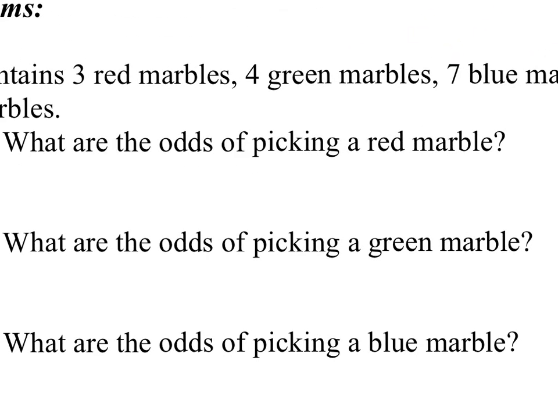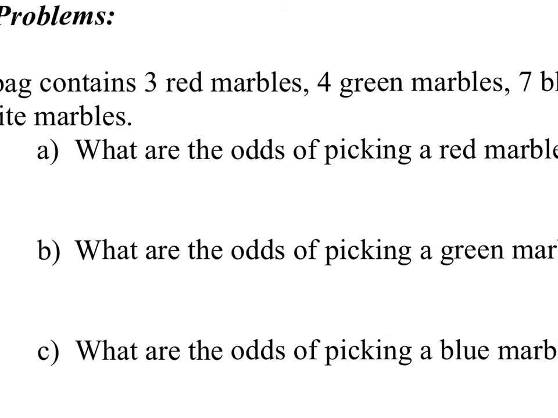There are 3 red marbles, so 3 would be our favored outcome. But how many total marbles are there? There's 17, so that means there are 14 marbles in there that we don't want, or that are unfavorable. So 3 to 14. The numerator plus the denominator, 3 plus 14, equals the total of the 17 marbles that we have.